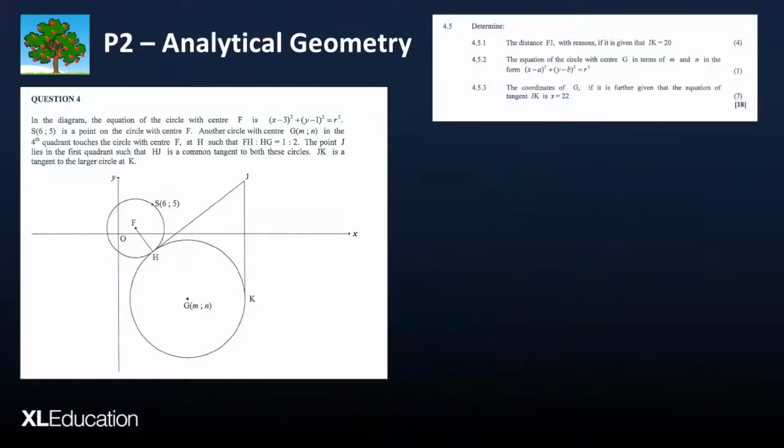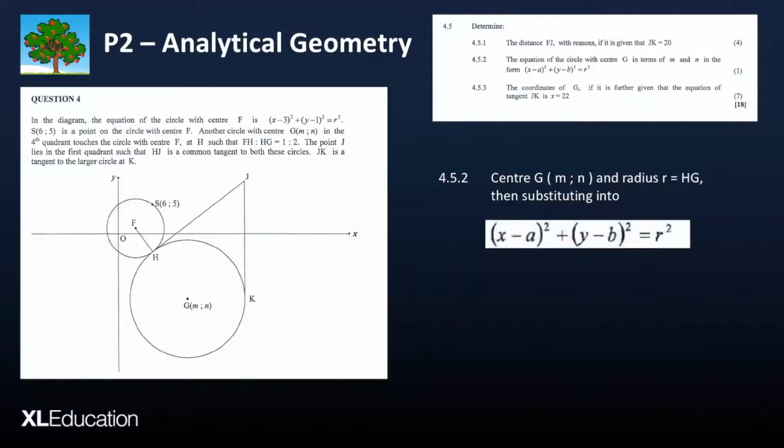The next question is 4.5.2. It's asking us to find the equation of the circle with center G in terms of m and n. Remember, the formula that you need to recall is this one, and you just extract it from the information sheet because it's given, and you substitute it correctly using your center (m; n).